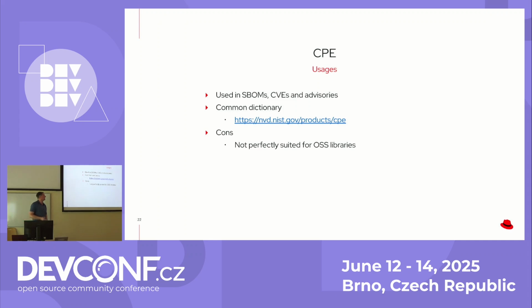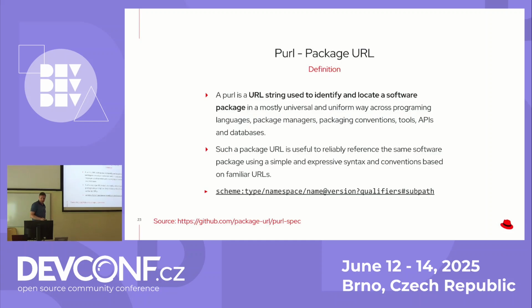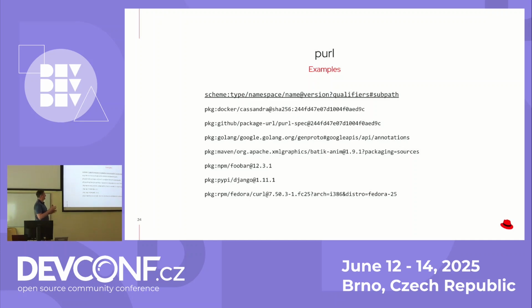So for that reason, it's not that perfect for the world we are living in today, the world of GitHub and millions of open source libraries. That's where the new standard, the PURL, the package URL, was introduced a couple of years ago, I think, which tries to use a URL-like schema to identify particular software packages, more focused on the open source ecosystem.